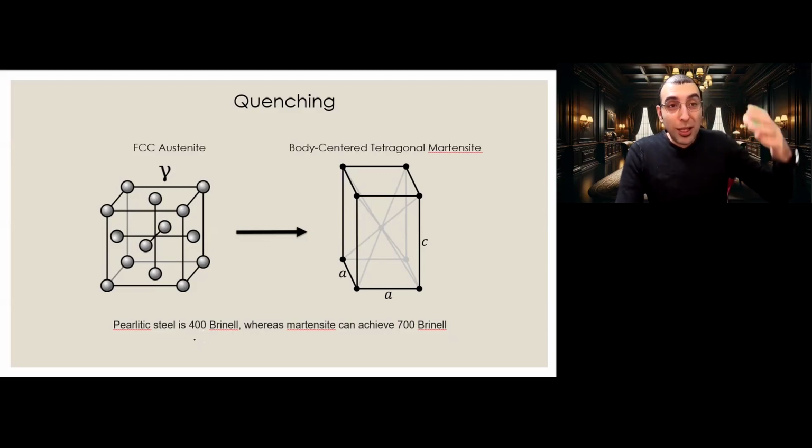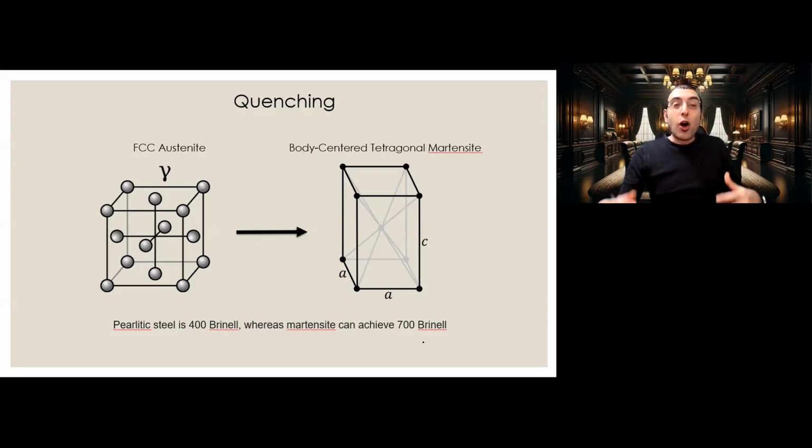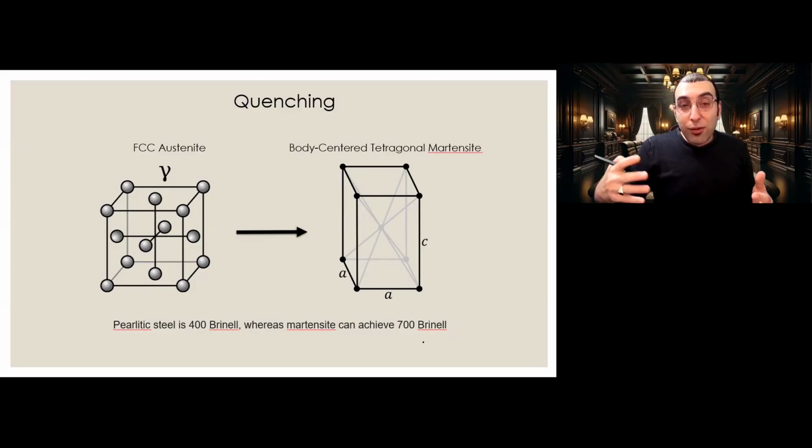And when you cool it down quickly to get martensite, you can achieve 700, almost doubling the hardness of your material just by cooling it fast. This shows how versatile this technique is. So this is not something bad. This actually gives us more flexibility, more tools to alter the properties of a material. We can juggle with these properties and get what we want, right?